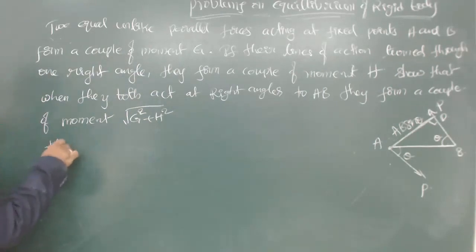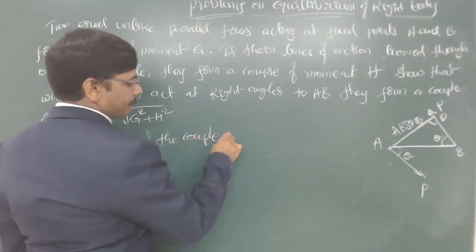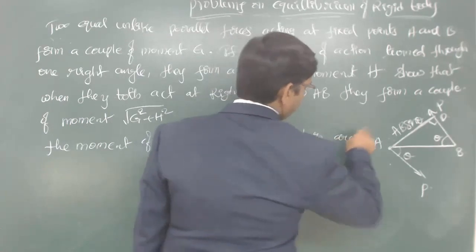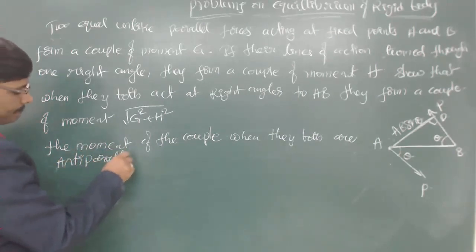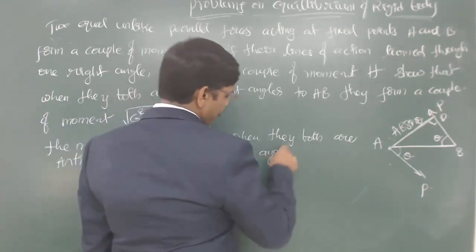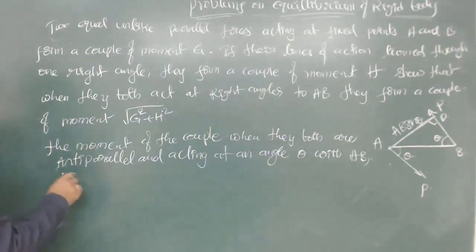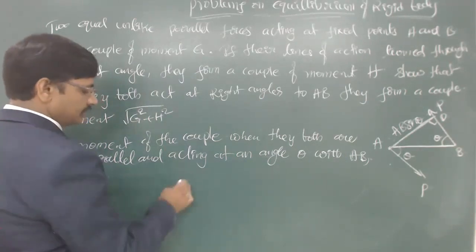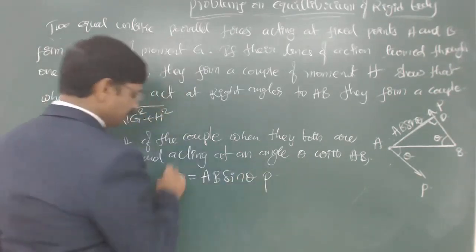So the moment of the couple, when they are parallel or anti-parallel and acting at an angle theta with AB, is G. That means in this particular case the couple moment is G. So G is nothing but AB sine theta multiplied by P. So this is the couple moment G.